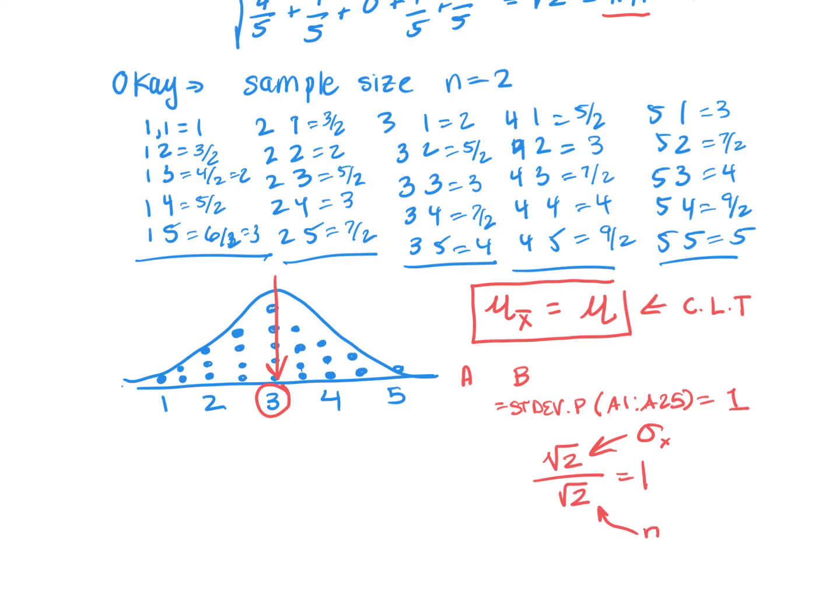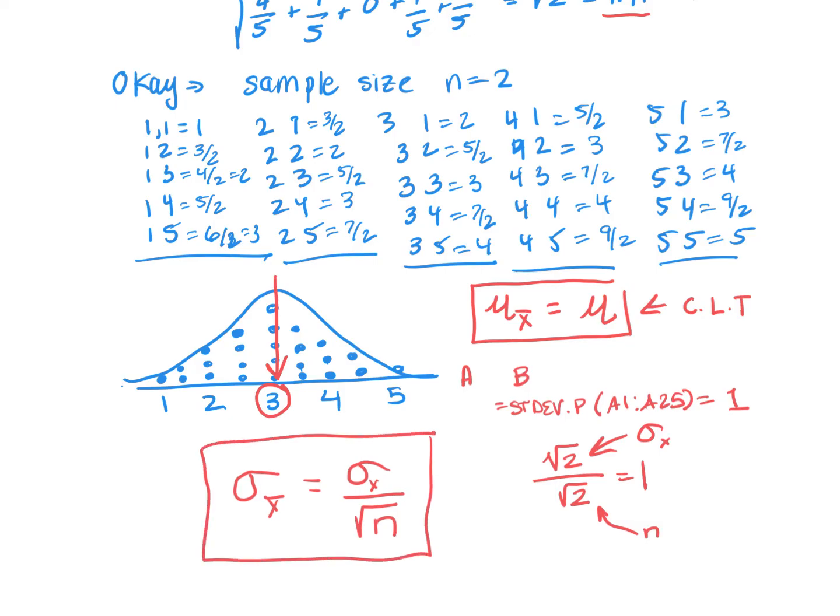So the central limit theorem now says that the standard deviation of your sampling distribution is equal to the standard deviation from the original population divided by the square root of your sample size. And this ends up being the most important piece of the central limit theorem.